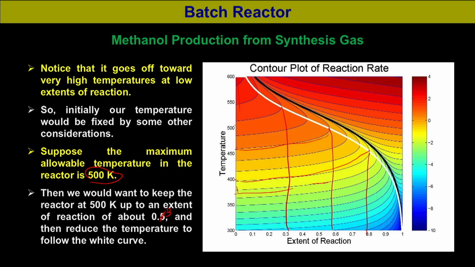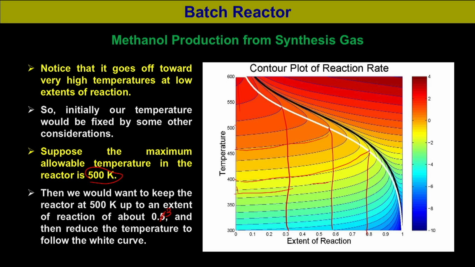Now, at 500 Kelvin, we should run the reactions at the start with high temperature, and the reaction will proceed through this and reach like this. So, the conversion we will obtain here is about this.